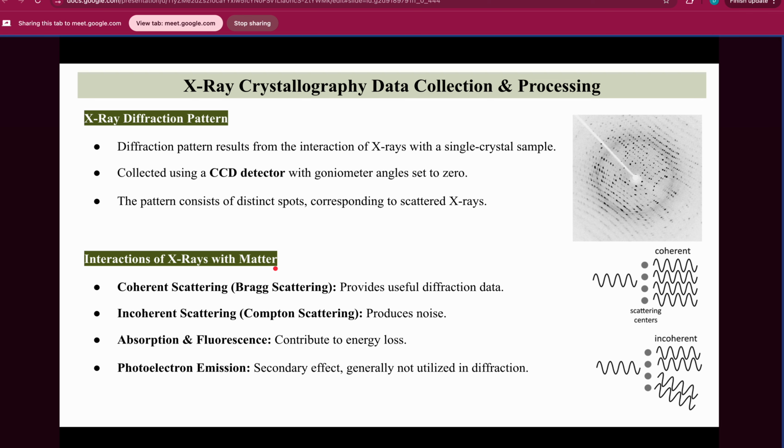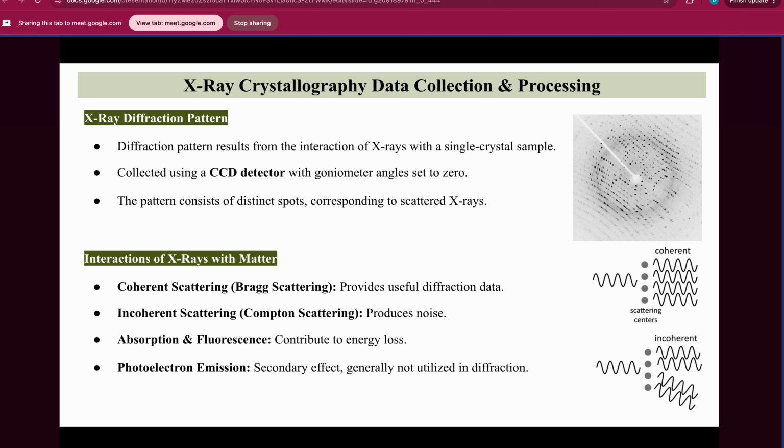Now, how the X-rays are actually working. So there could be coherent scattering, which is the Bragg scattering, and which is important for the diffraction data, because if the scattering is coherent, then they will sum up and the intensity of the wave will increase. Incoherent scattering, also known as Compton scattering, produces noise because these waves which are generated are not consistent.